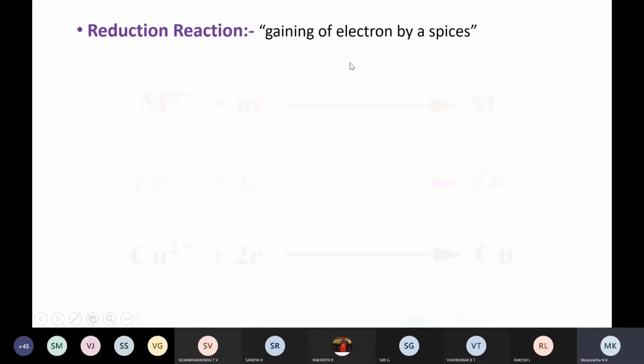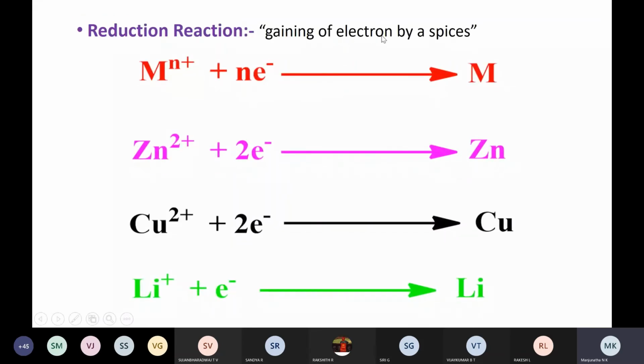The second one is the reduction reaction, that is, gaining of electrons by a species. The first equation is the general reaction for reduction. In the reduction reaction, metal ions gain the liberated electrons and are reduced to the metal. That means the reverse of the oxidation reaction is the reduction reaction, that you remember.